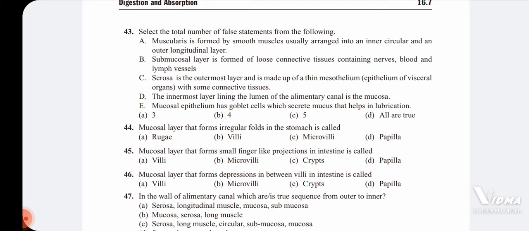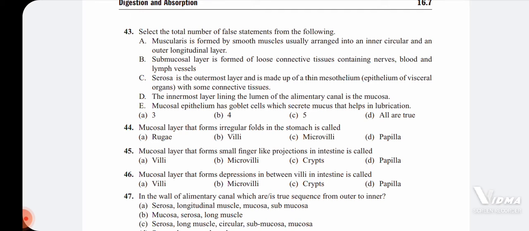Serosa is the outermost layer and is made up of a thin mesothelium. Mesothelium means nothing but the epithelium of visceral organs. Visceral organs means the internal organs. So the thin mesothelium with some connective tissue. So the serosa is obviously the outermost layer.